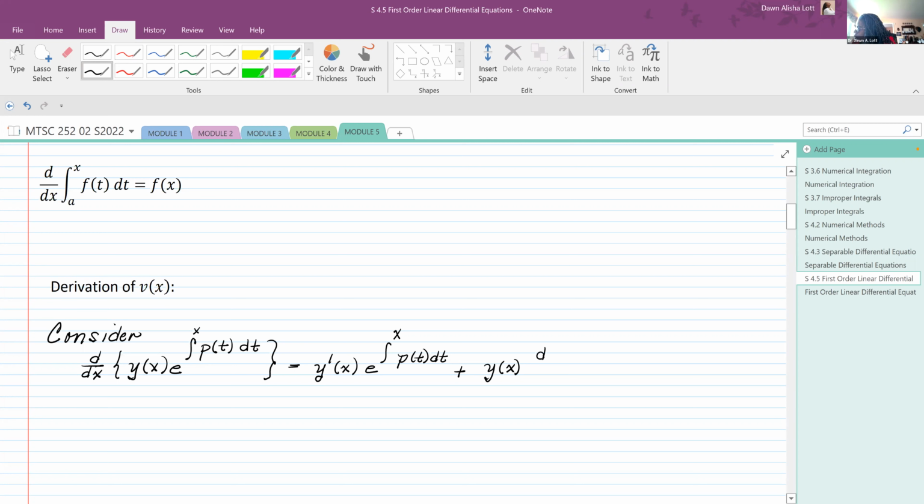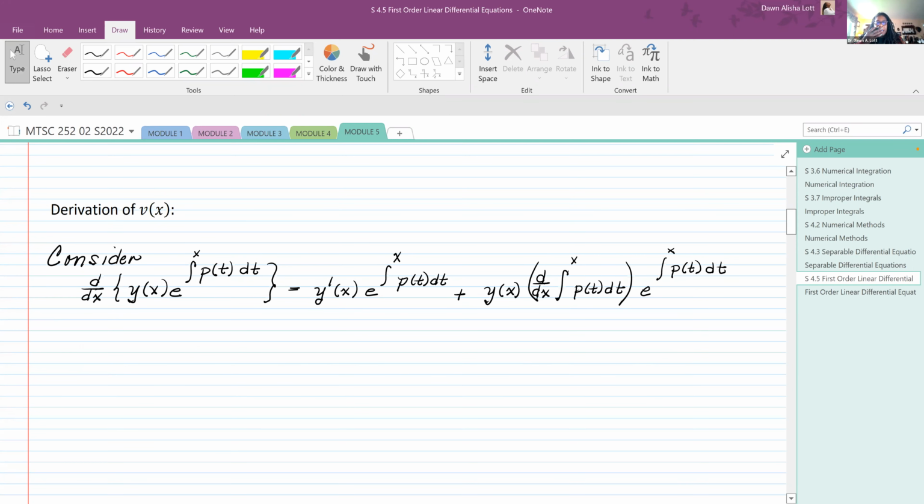So that becomes the derivative with respect to x of the integral to x of p of t dt. So that's the derivative of the exponent part. And then I have to multiply by e to the integral of p of t dt.